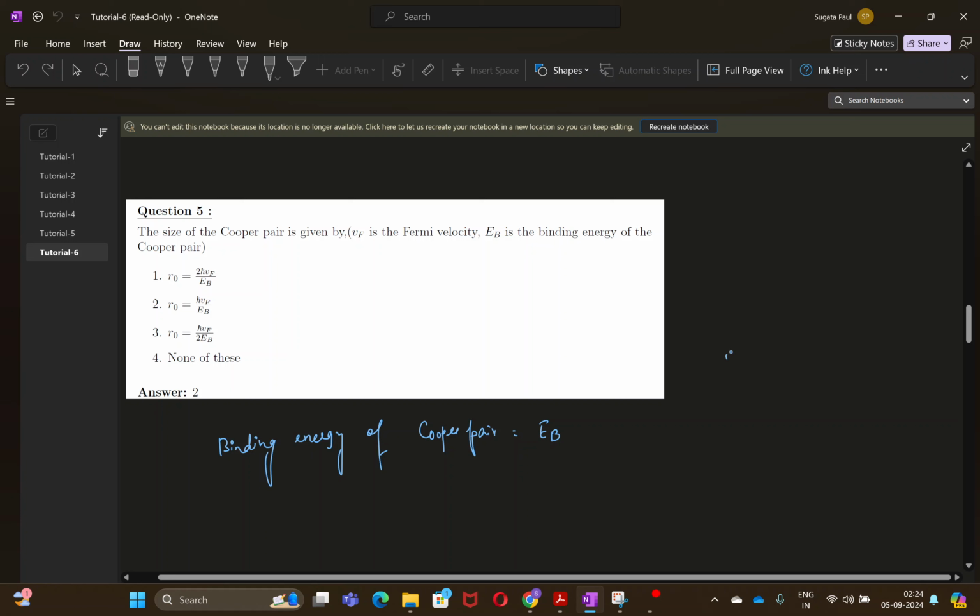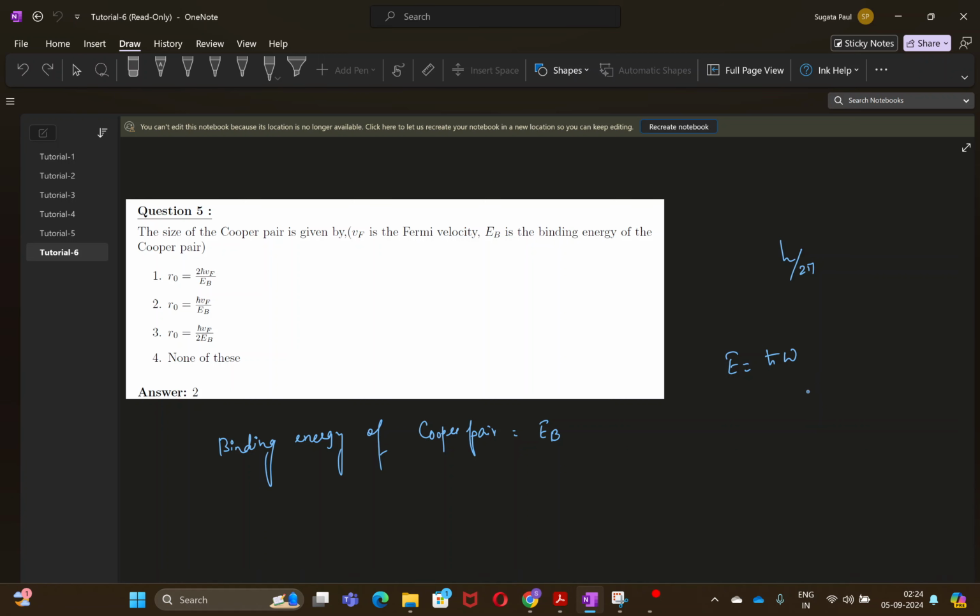And you know that the energy can be written as h cut omega, where h cut is simply h by 2 pi, Planck's constant by 2 pi, and omega is nothing but 2 pi nu, or 2 pi times the simple frequency. So omega is the angular frequency and nu is the normal frequency. The relation between both of them is also known, that omega equals 2 pi nu.